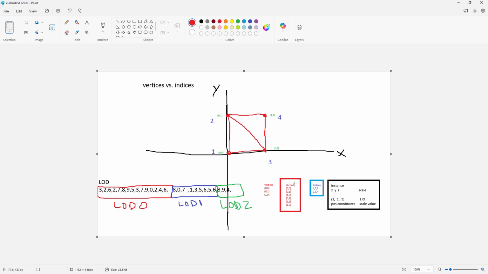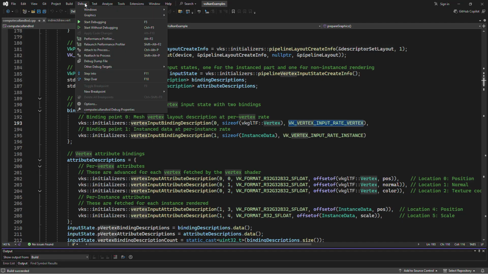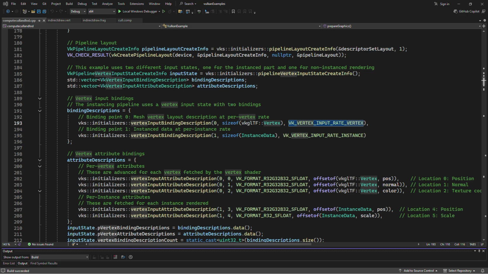Now, there's another portion that is really important that I want you guys to understand. Another dynamic: if I gave you this application and I only gave you vertices and instance data, would you be able to create what we have here?